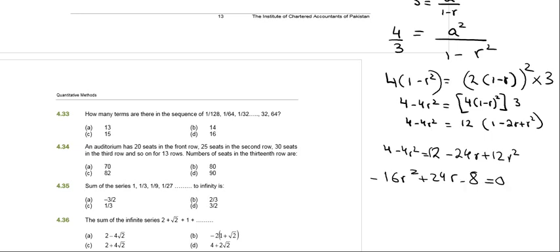Simplifying it, dividing everything by, let's say, minus 8, we get 2r squared minus 3r plus 1 is equal to 0. Breaking the middle term, 2r squared minus 2r minus r plus 1 is equal to 0.